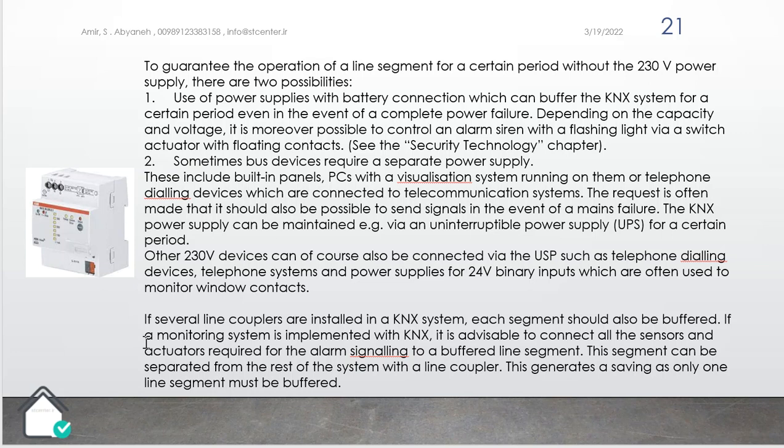Remember that if you use, for example, a motion sensor and smoke detector in some building based on KNX, and you want to have fail-safe planning, it is better to put all these sensors in a separate line with their own line coupler, own power supply unit, and so on.